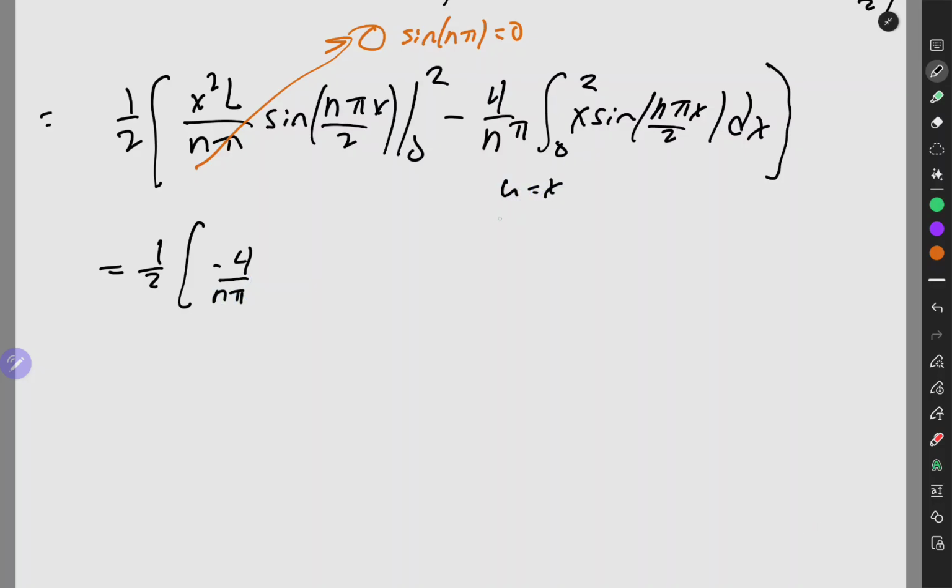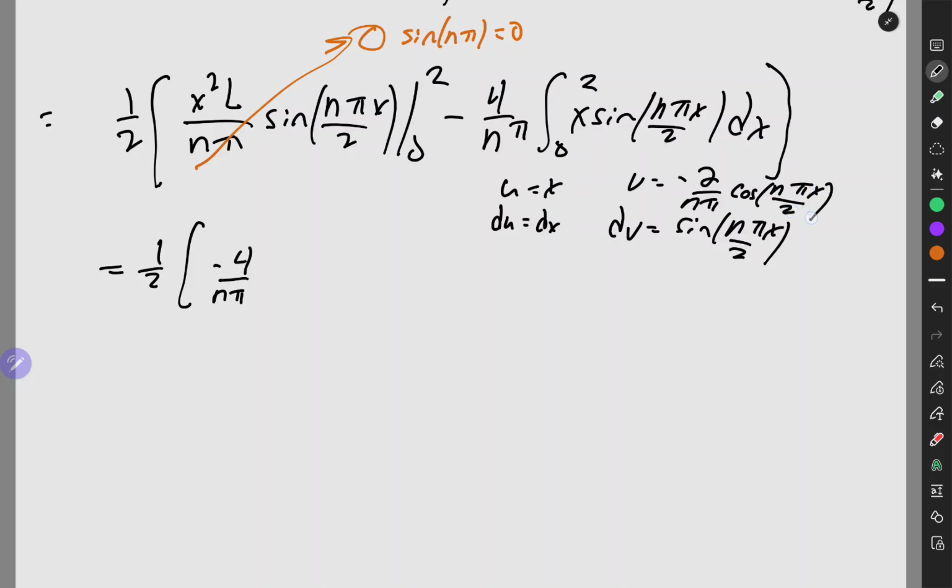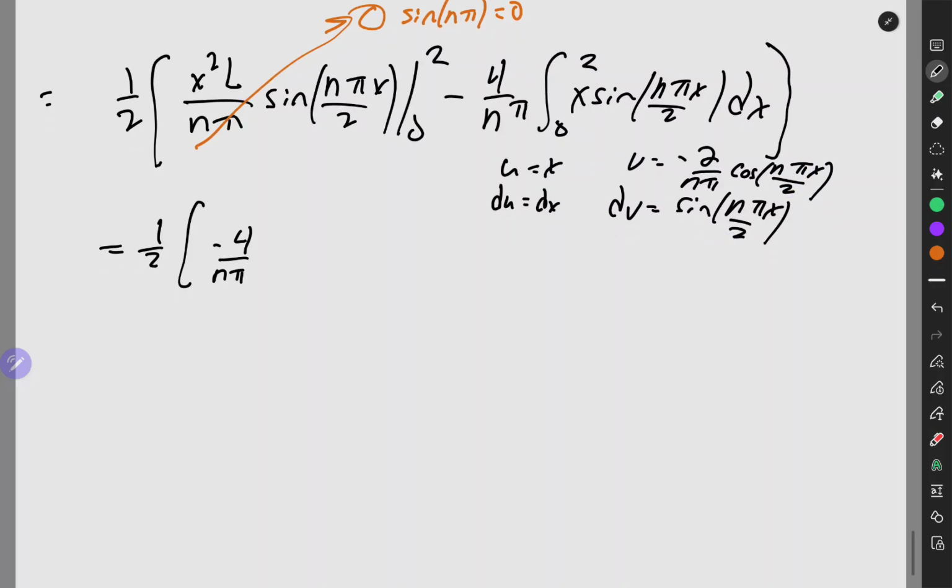Except this is actually, okay, now I'm doing this one correct, right? This would be negative. That's supposed to be a 2.